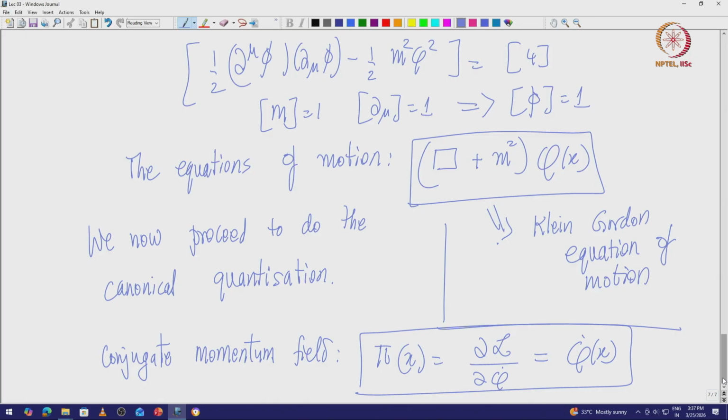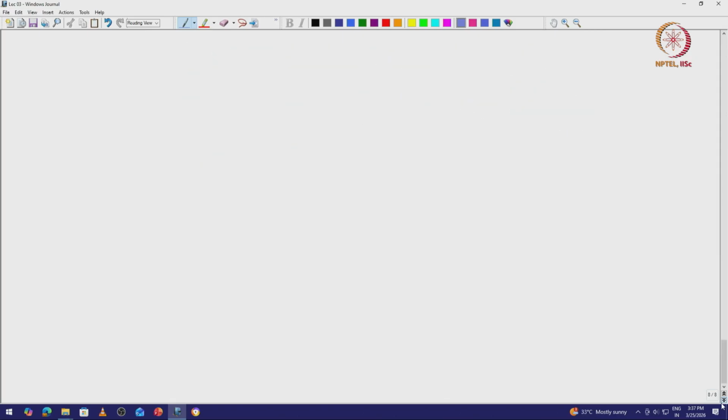With this we can write down the Hamiltonian, the Hamiltonian density.